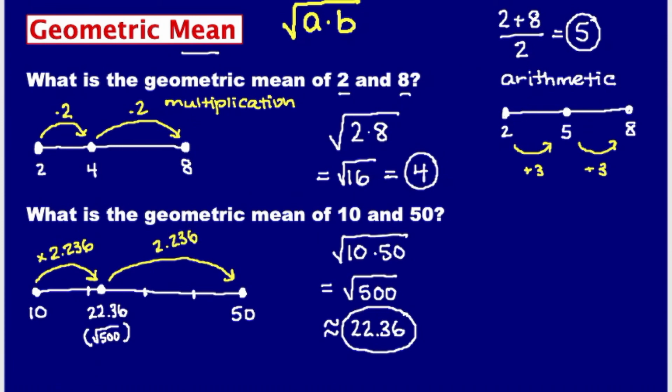So try taking 22.36 times 2.236. We get 49.997. That is darn close, just because of rounding. But that's the idea of a geometric mean, is that it's equally spaced by multiplication. And it turns out that the geometric mean does pop up in geometry relationships. We'll see that more this chapter.